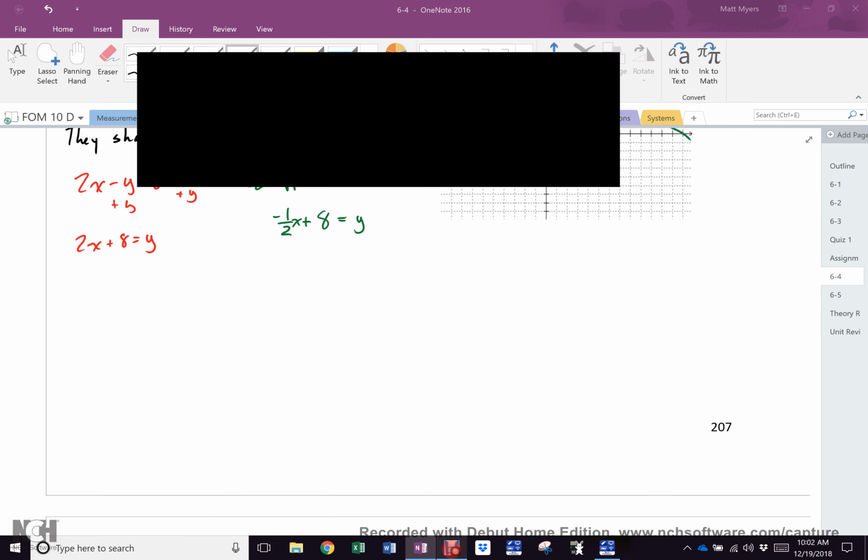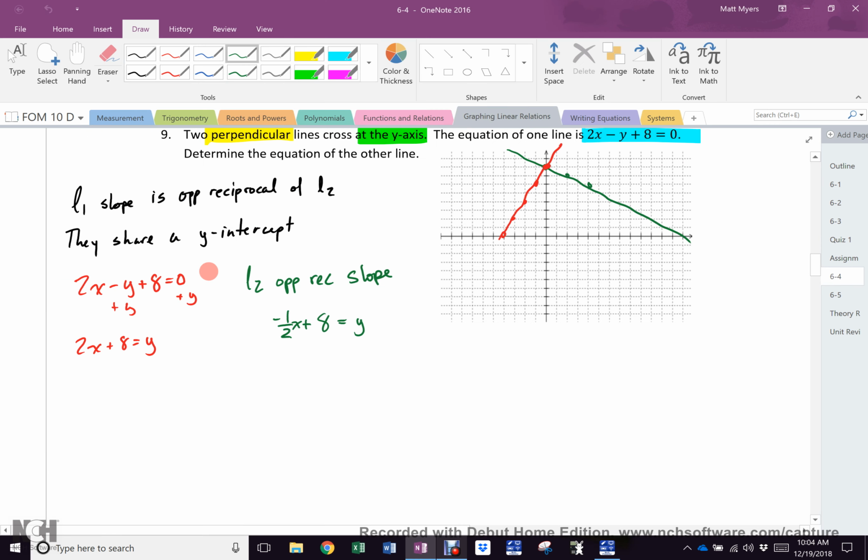Now, stop for a second. Point-slope form uses x's and y's, correct? But how else could we read that? Could we read it as y minus output equals m times x minus input?